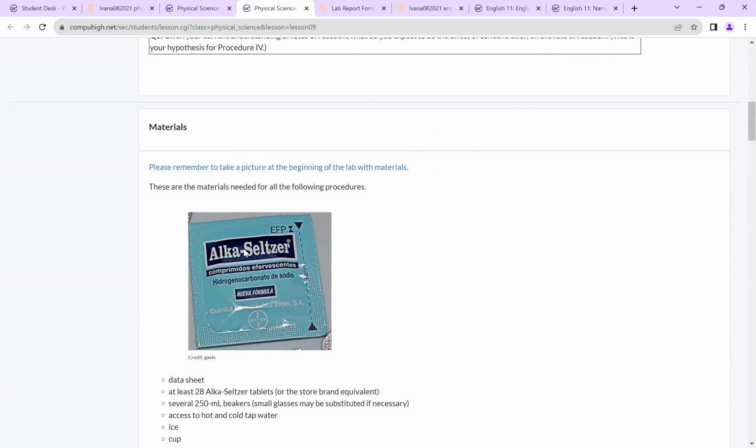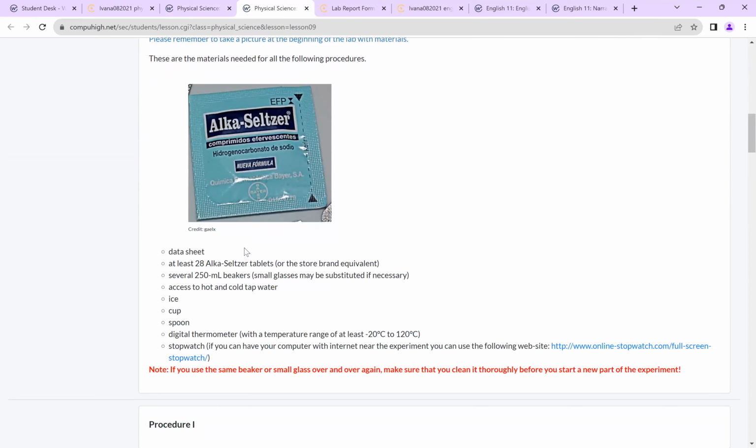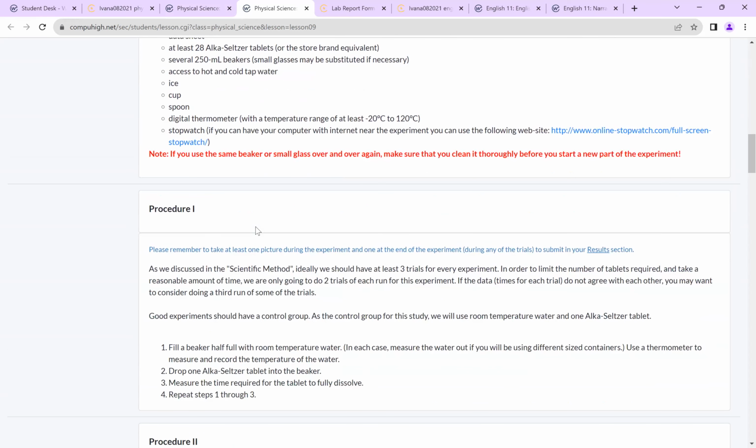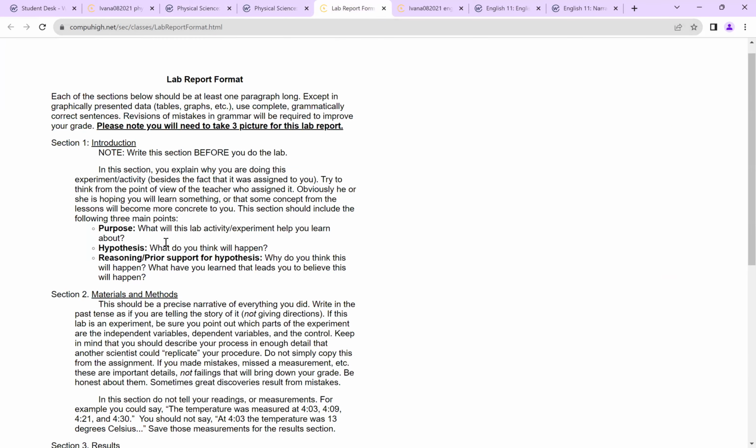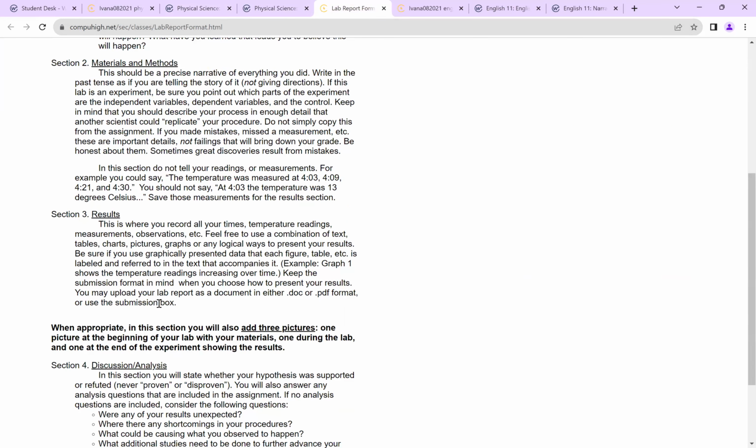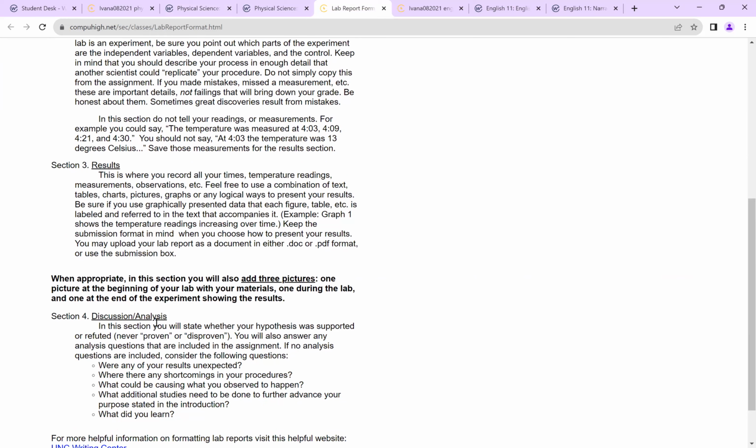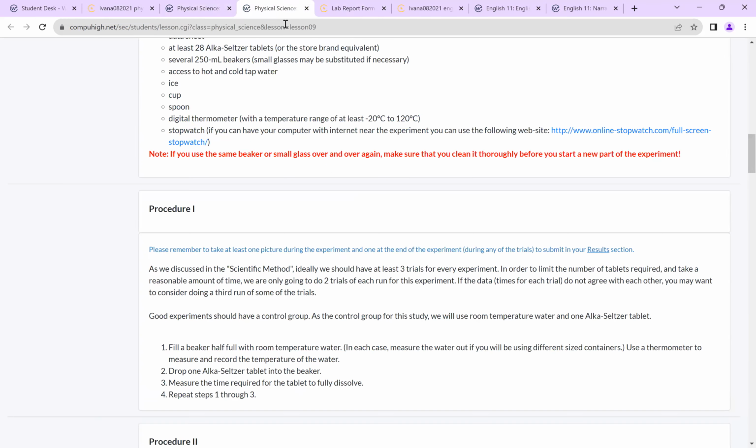You're going to have to write some things, especially the procedure. Results we won't be able to do. Discussion we probably won't be able to do, although we could try.